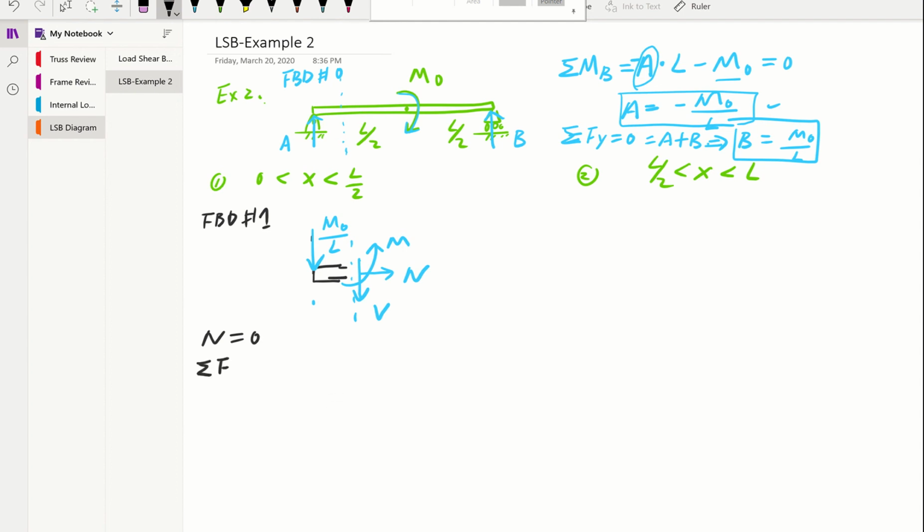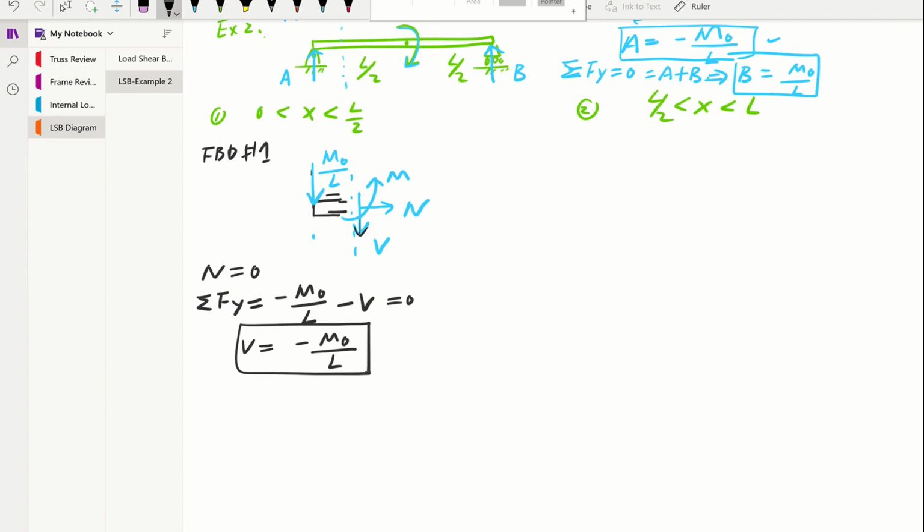Then for forces in the y direction, we have negative M0 over L, the external force, minus V, because V is going downward, equal to 0. Then V is equal to negative M0 over L. That's our shear.